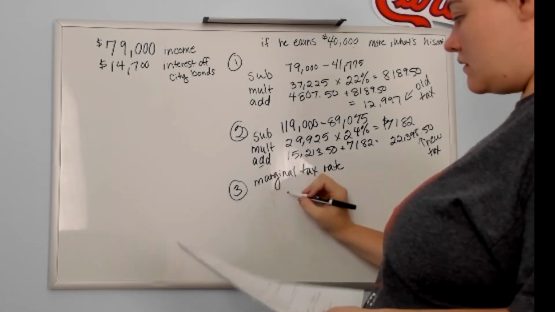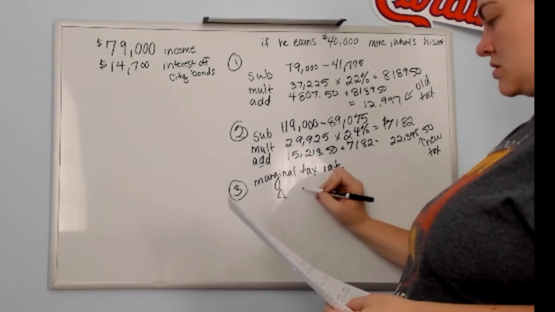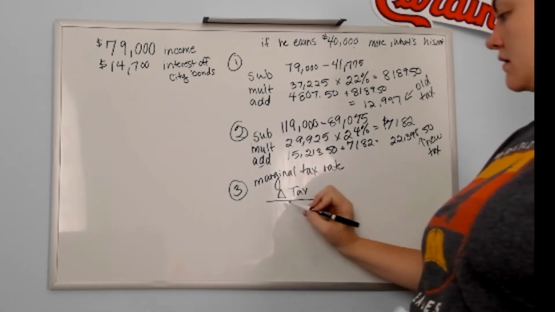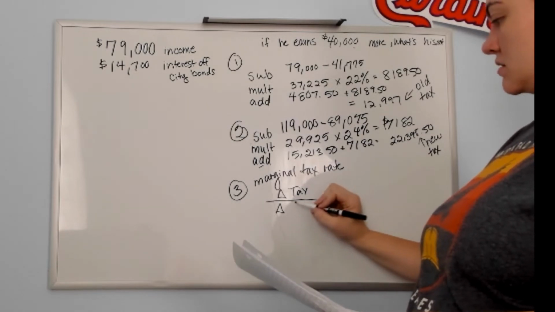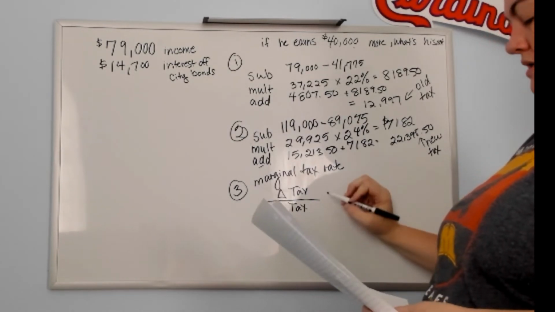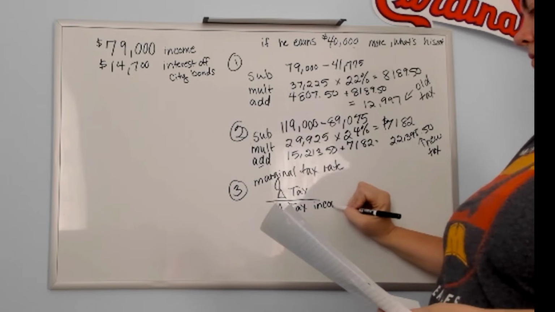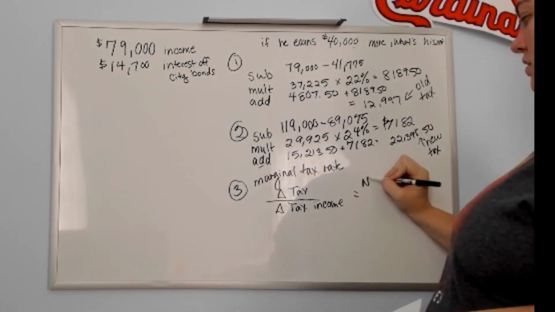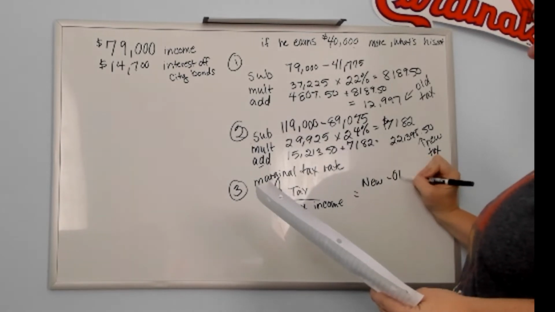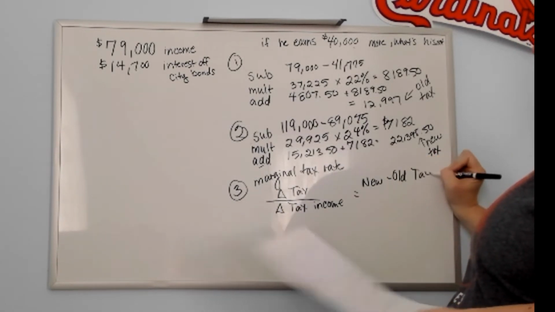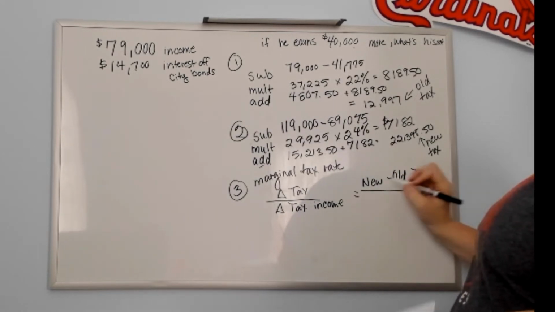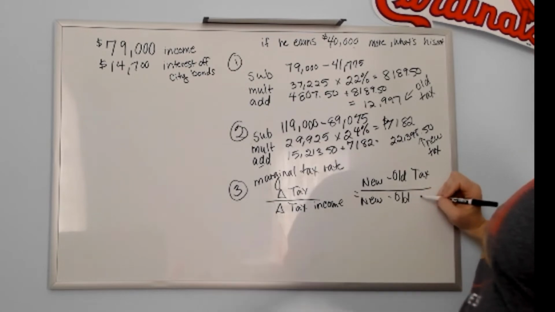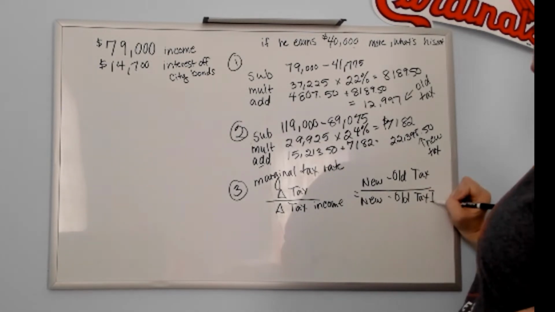And that's going to be the change in tax over the change in taxable income. Okay? So that means new minus old on the tax in the numerator, and then new minus old on the taxable income.